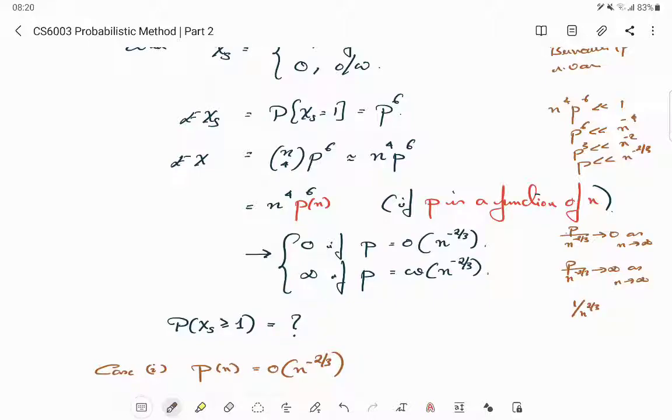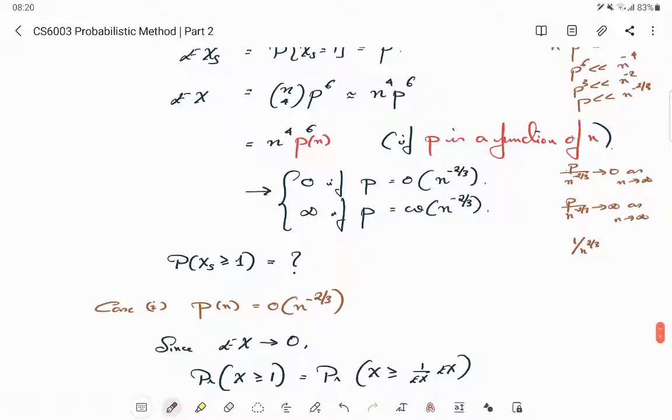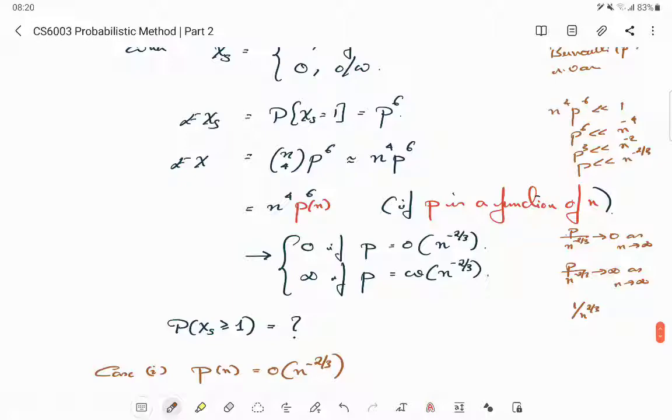Try to plot n to the power minus 2 by 3 as a function of n. So we have a nice idea about expectation. Expectation shows a phase transition kind of behavior around this function. If the probability is little o of a particular function, the expectation is 0. If it is little omega of the same function, the expectation is infinite.